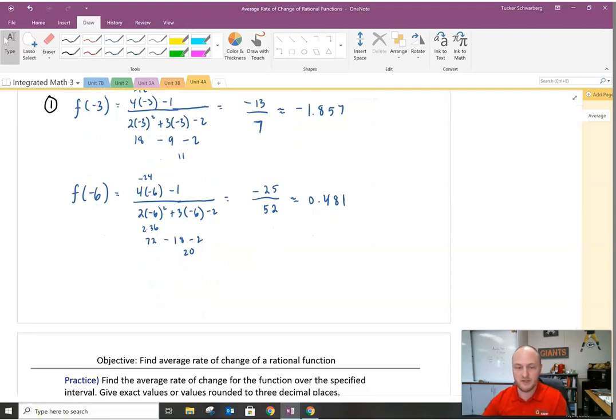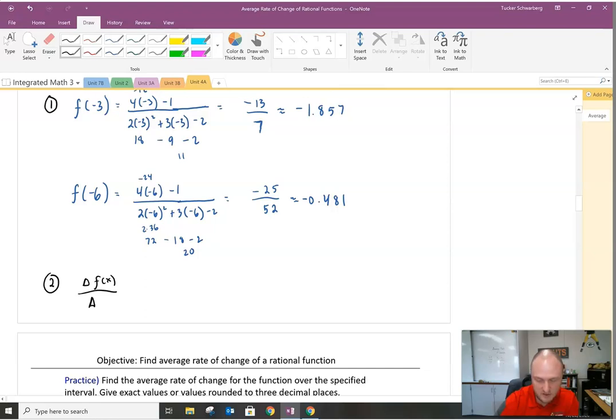Now I need to go ahead and plug it into my average rate of change. Oh, and before I do that, I want to not forget my negative here. It's a negative. Okay, so step 2. I'm going to plug it into delta f of x, the change in the y values or the function values divided by the change in our x values.